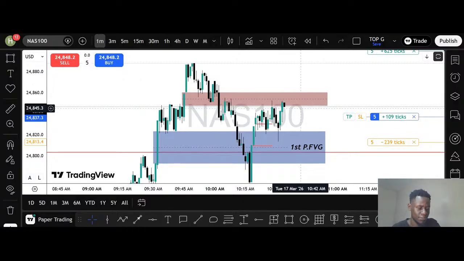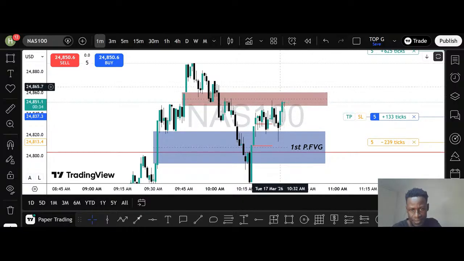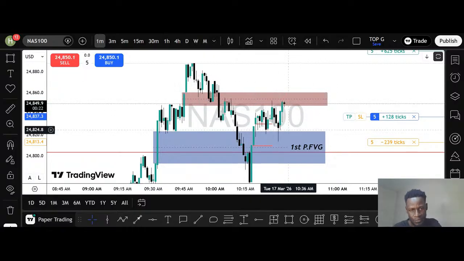So can we really break above this high, this level here? If you can give us that, then we might afford now to scale our stop loss, because now any pullback, we need to see this level holding.